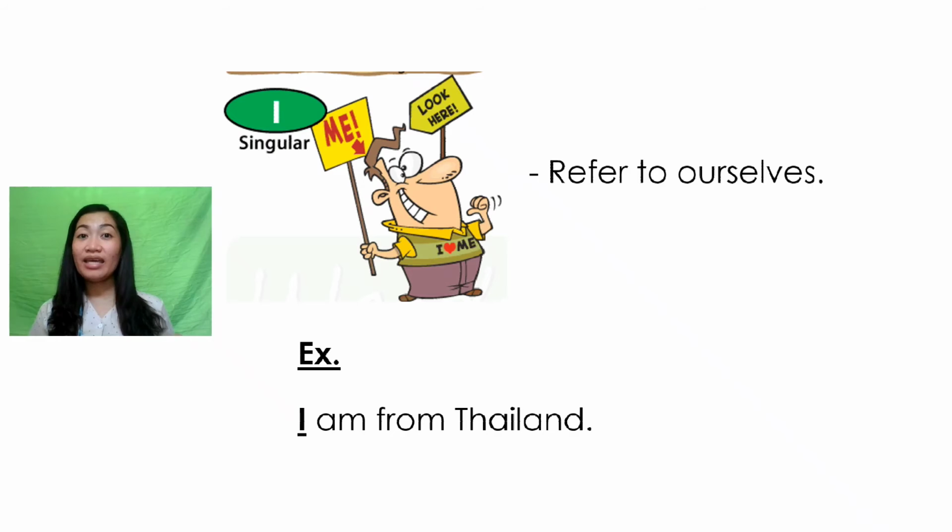Here, I acts as the subject of our sentence. We used I instead of saying my name. So, I am from Thailand. I am 14 years old. That is how and when we use the pronoun I.